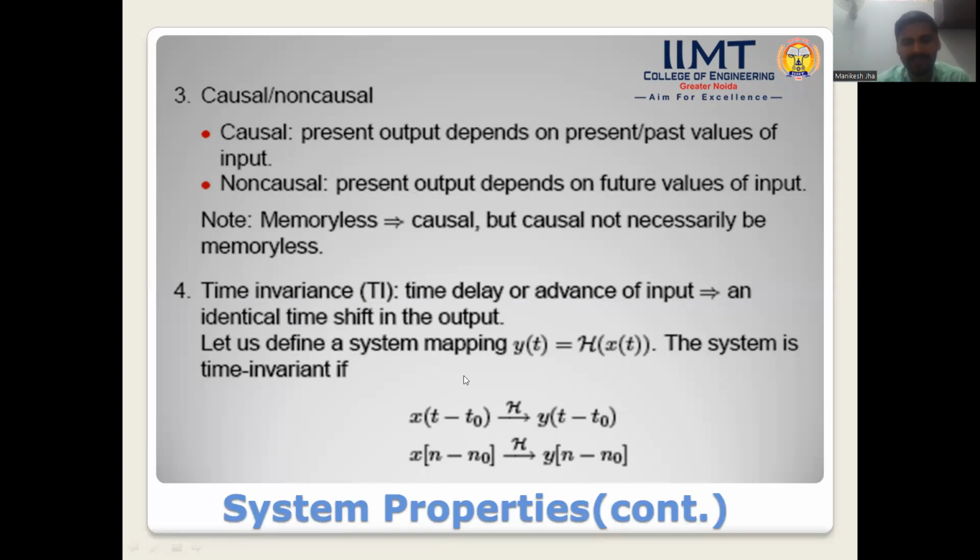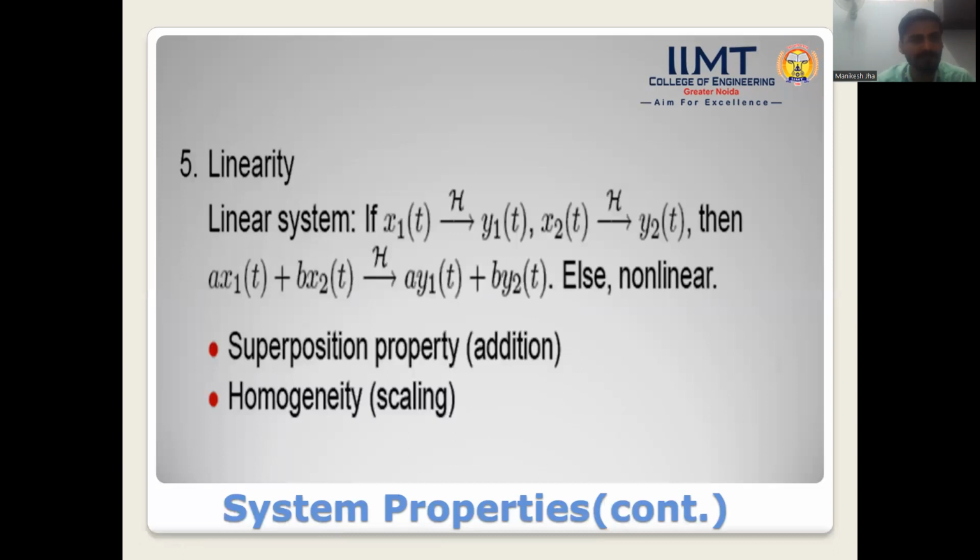So let us define a system as y of t equals H of x of t. The system is time invariant if x of t minus t naught gives y of t minus t naught. So if we delay the signal to x of t minus t naught and the same delay is provided in the output, then we can tell it is a time invariant system.